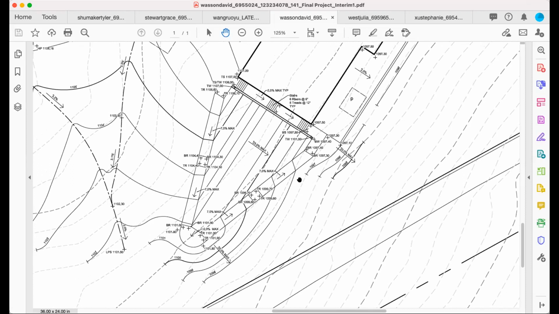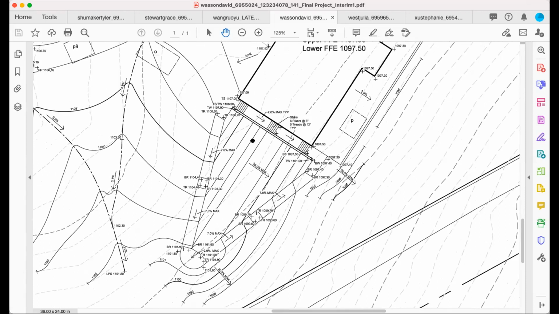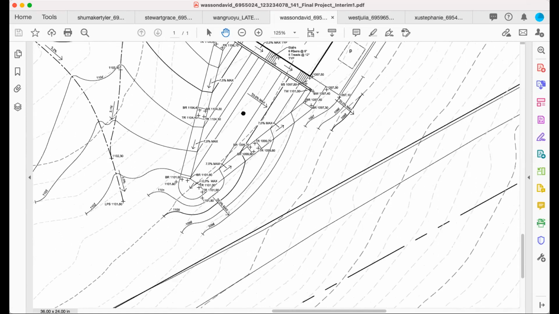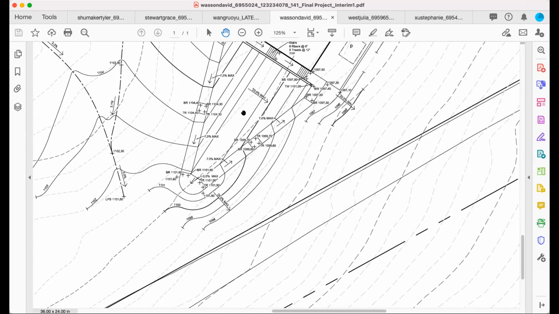Because you want to make it 7%, so you included the BR and TR. So this one is 110.2, 111.9, and it's all draining down this pool.